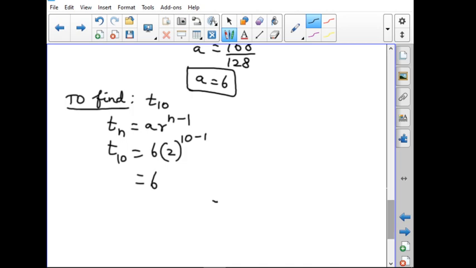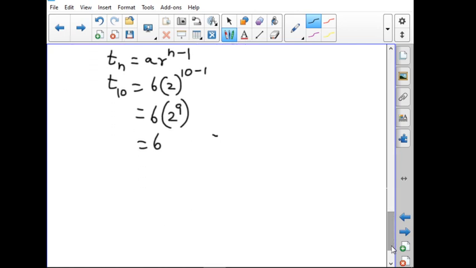So 6 into 2 power 9. What is 2 power 9? Write 2 into 2 into 2, 9 times, and multiply, and we get 512. Next, multiply by 6 and we get the answer 3072. So T10 equal to 3072.